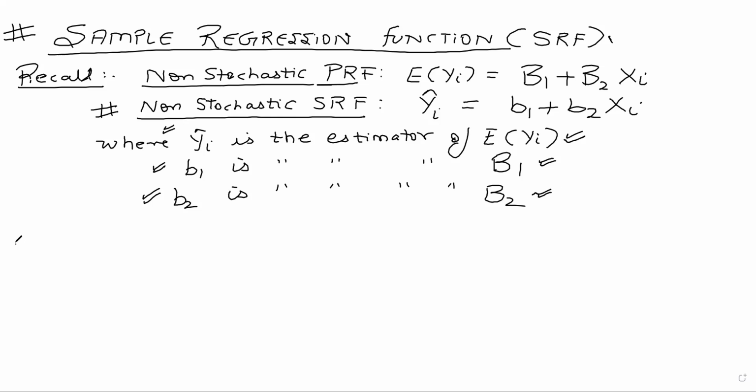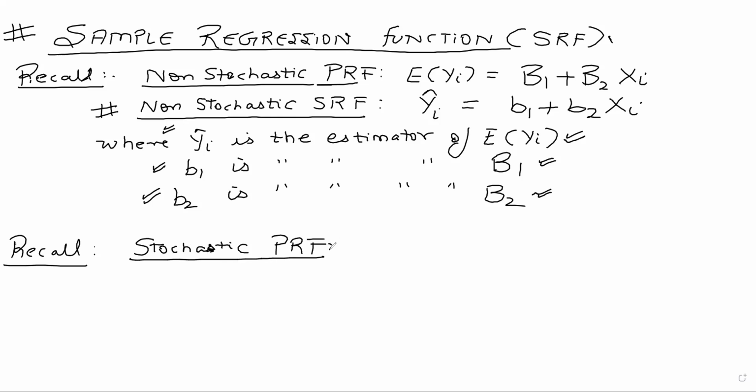Similarly, guys, all of you can recall we had done in this lecture the stochastic population regression function. What was the stochastic population regression function? Yi is equal to B1 plus B2 xi plus the disturbance variable ui.